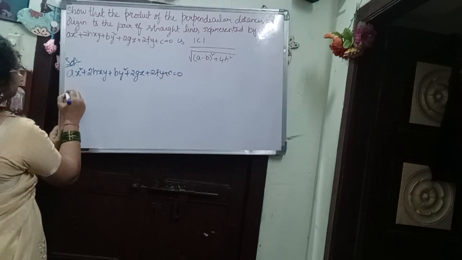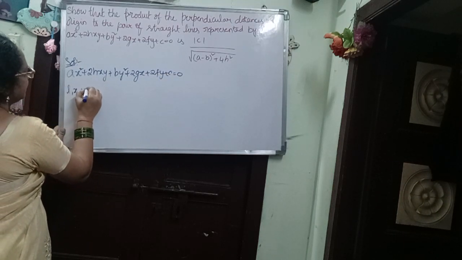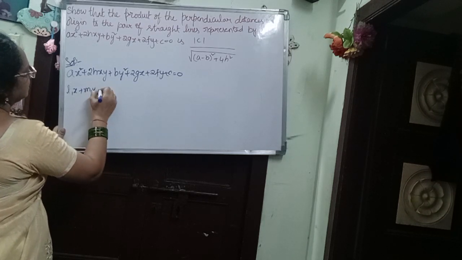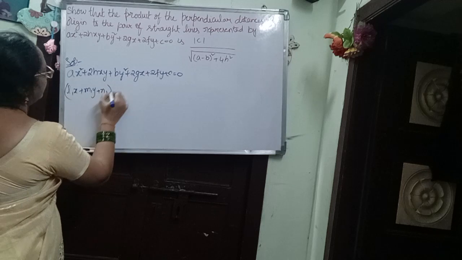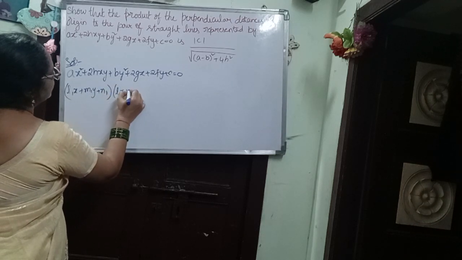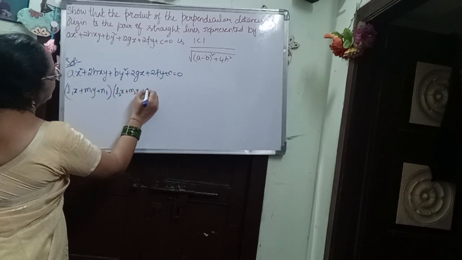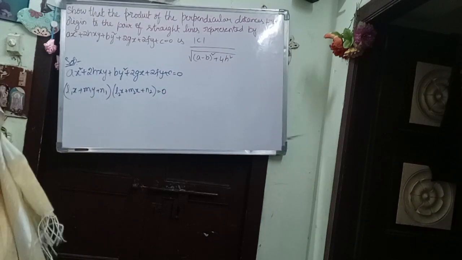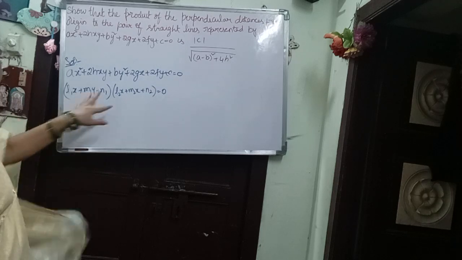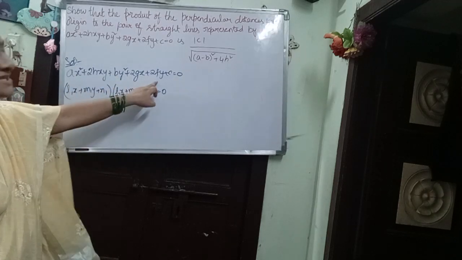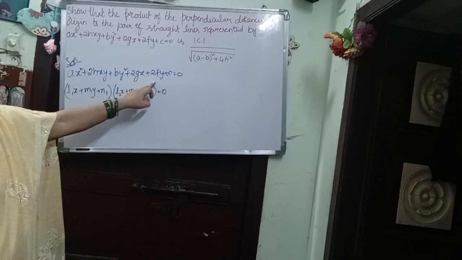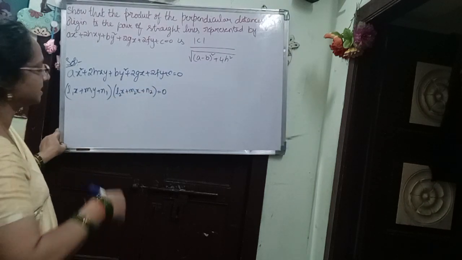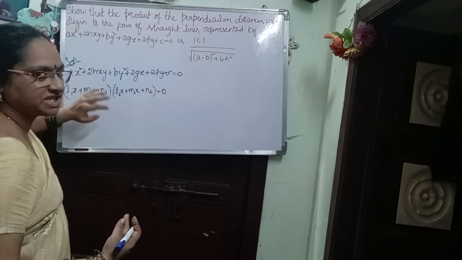We can write this as L1x plus M1y plus N1 into L2x plus M2y plus N2 equal to 0. Can we denote that in this way? If you multiply this, you will get this type of line equation.